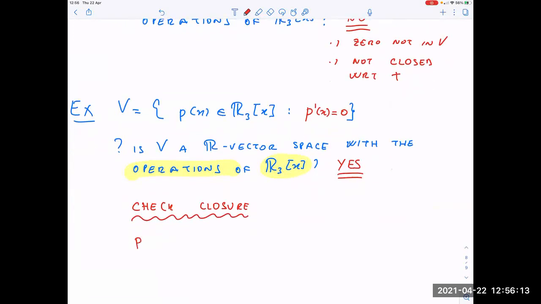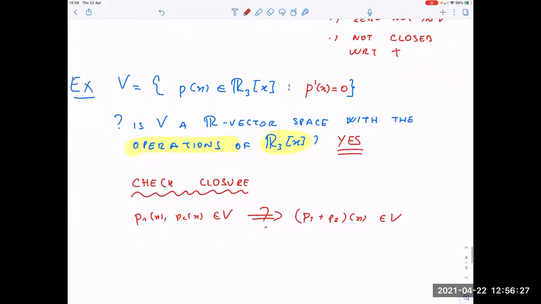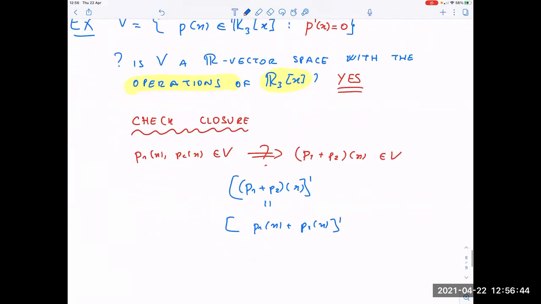So what you do, you take two elements inside V, and you ask yourself, is the sum inside V? And how do you answer this question? Well, you need to compute the first derivative of the sum. And what is the sum? Well, the sum is the sum of the two polynomials by definition, right? And what is the derivative of the sum?